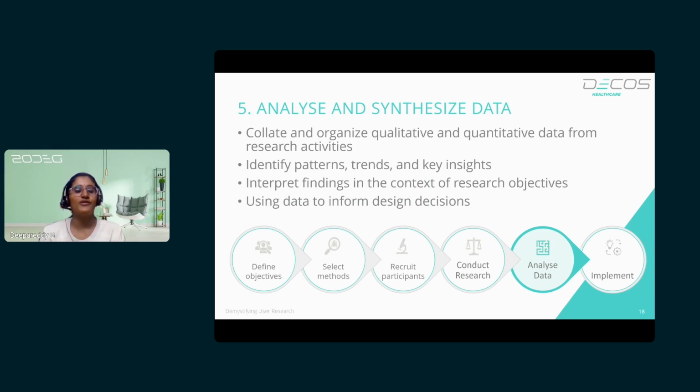So this is all about analyzing and synthesizing the data to obtain meaningful insights. This analysis will help us later on in understanding user behavior and identifying areas for improvement, like how well we can improve the user interface. So this is all about analyzing and synthesizing user research data.